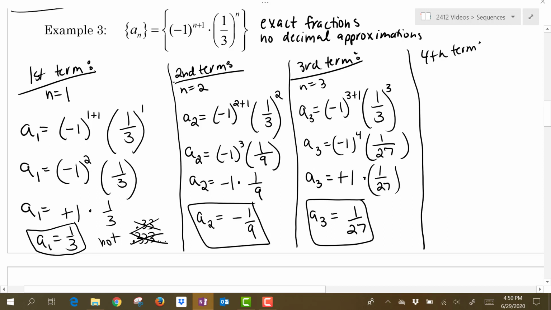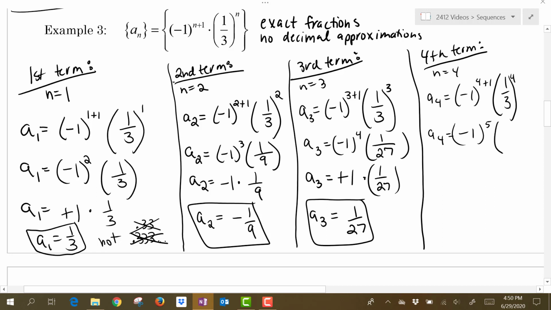Right, so now we want the fourth term of our sequence. We'll set n equal to 4. A sub 4 is equal to (-1) to the power of 4 plus 1 times (1/3) to the power of 4. That's (-1) to the power of 5.